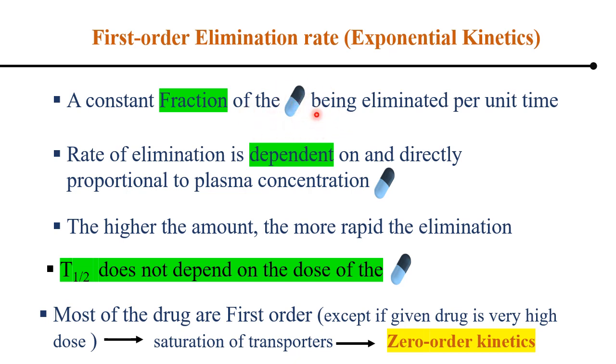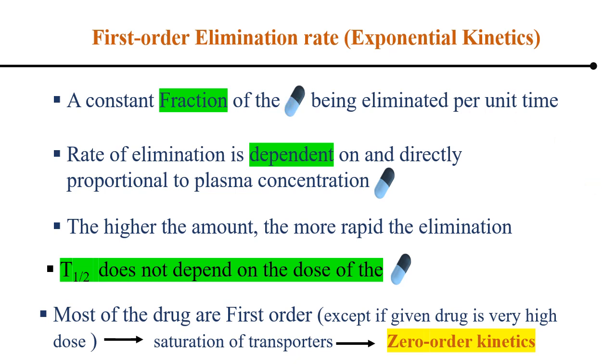Whatever amount of the drug is present in the body, it just eliminates a constant fraction of the drug from the body. This is known as first order elimination, where the rate of elimination is proportional to the concentration of the drug in the body. We can see with an example.